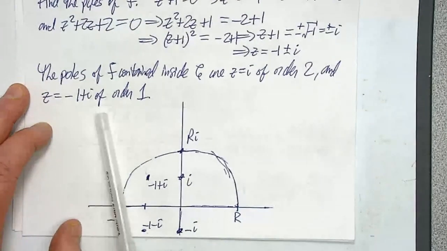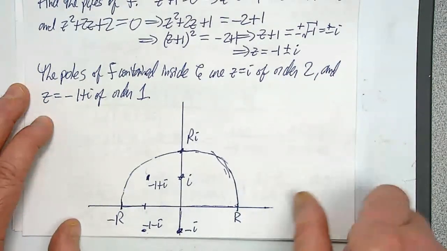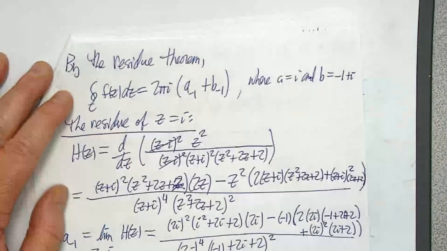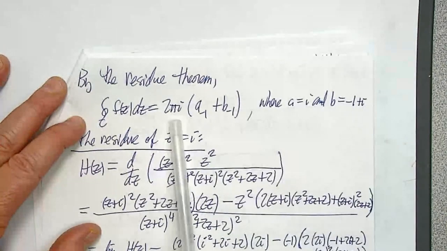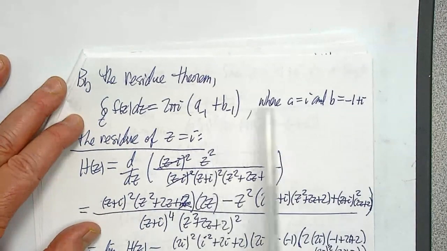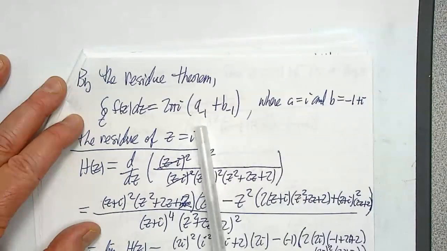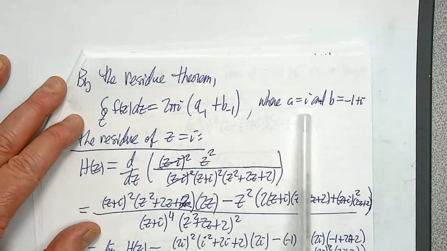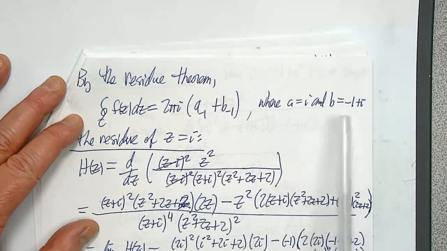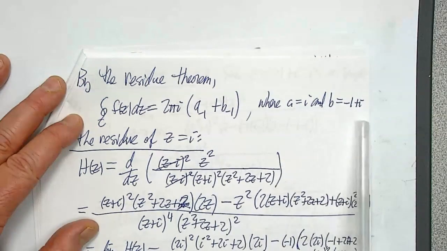That's a simple pole, a pole of order 1. By the residue theorem, this integral will be equal to 2 pi i times the sum of the residues, where A sub minus 1 represents the residue that corresponds to the pole i, and B sub minus 1 is the residue that corresponds to minus 1 plus i.